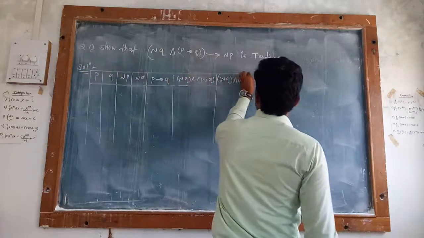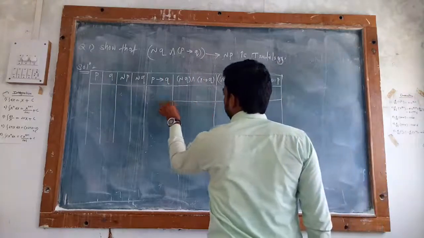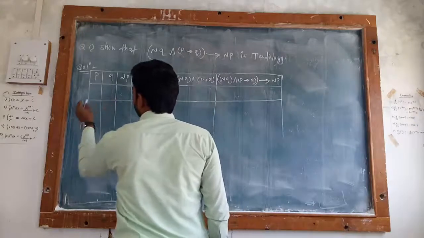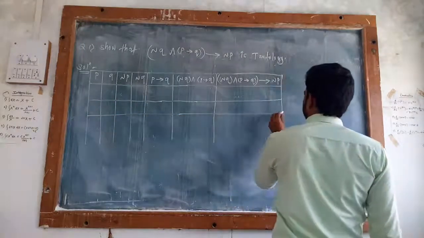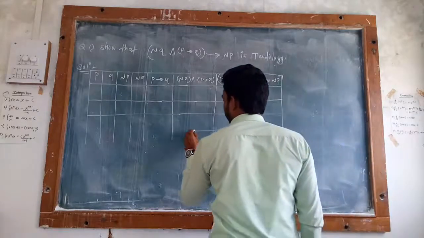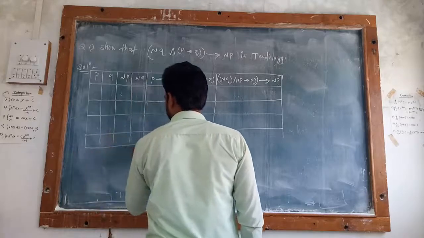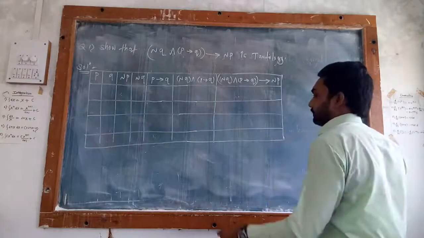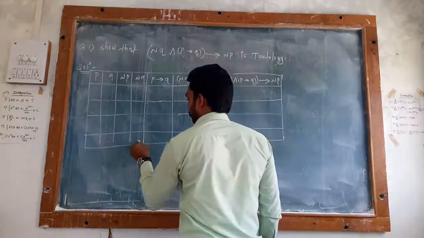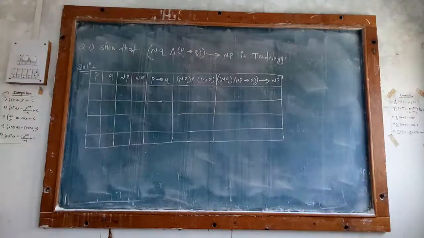In that table there are 4 rows because 2 propositions, that means 2 raised to 2 is 4 rows. This is your table for the given proposition.